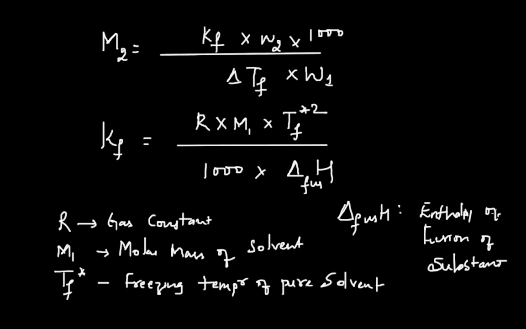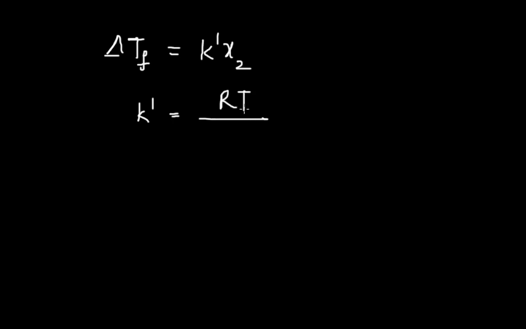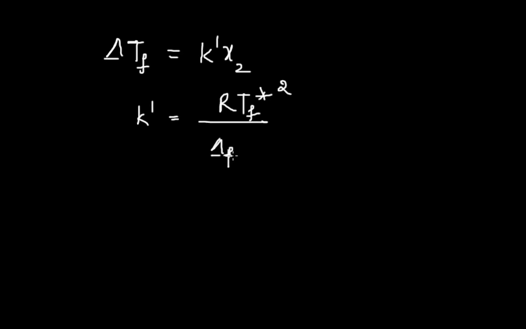In terms of mole fraction of solute, your delta Tf is given by K dash into x2, where K dash is R Tf square by delta H fusion.